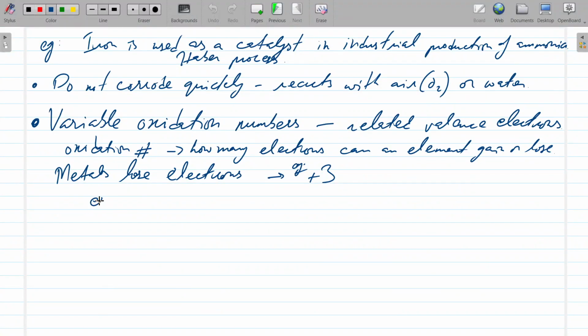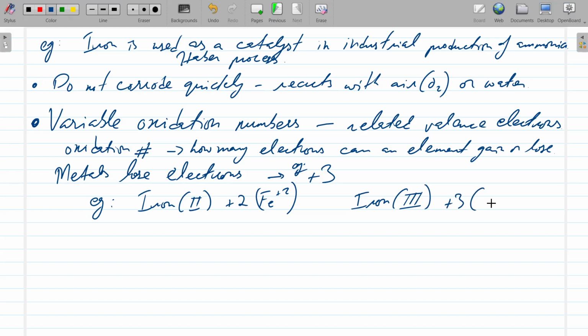Iron can be iron 2 or iron 3. That means it can either be in the +2 state, so it will be Fe +2, or it can be losing 3 electrons, so Fe +3.